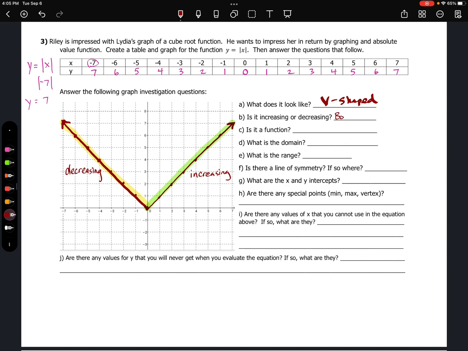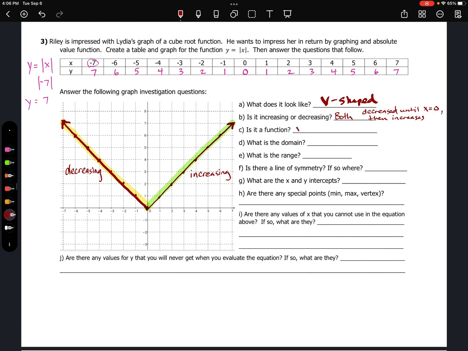So we'd have to say both on that, right? We'd have to say both. And you can describe on there if you want to, right? It decreases until x equals 0. Then increases.